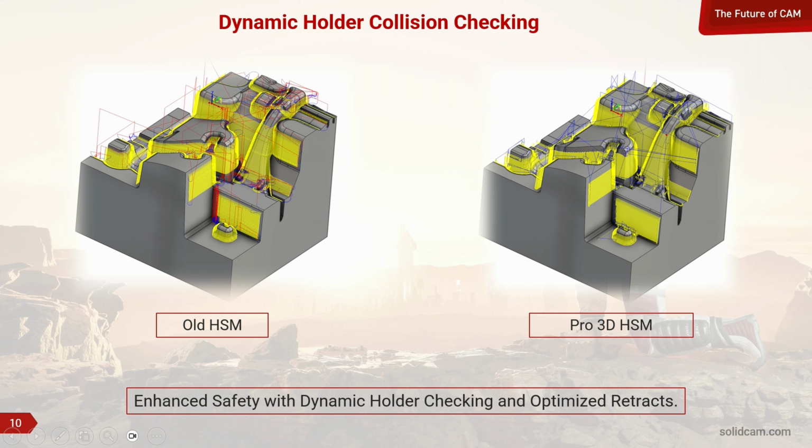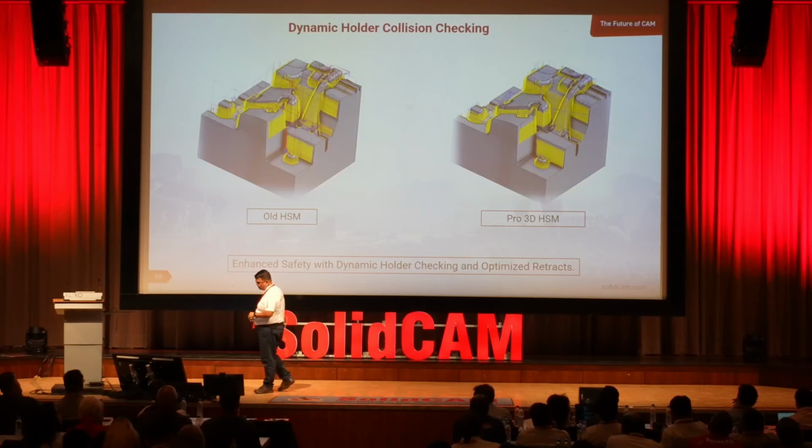Just visually, when you look at both these toolpaths, you can tell that the toolpath on the right-hand side is much more optimized than the toolpath on the left-hand side. You can look at the retracts, you can look at the way the linkings are happening, whereas here it's clean, the linkings are optimized, it machines one after the other and not just keeps jumping from one place to the other. So it has got enhanced safety.